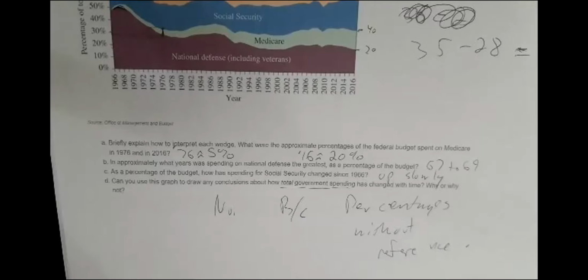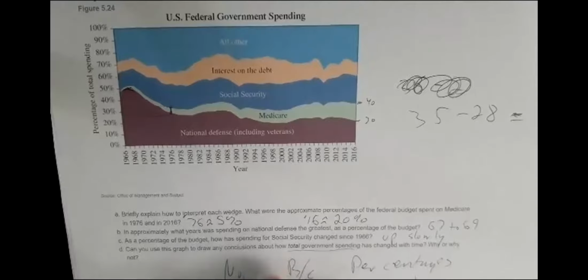If you can pull it down a little bit. Yeah, thank you. If you look at 1966 to 2016, it looks like Social Security wedged up a little bit, and in other, it wedged up considerably. But in national defense, it went real low.